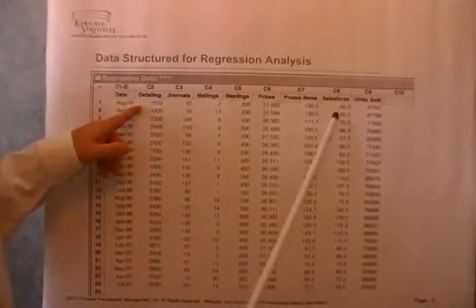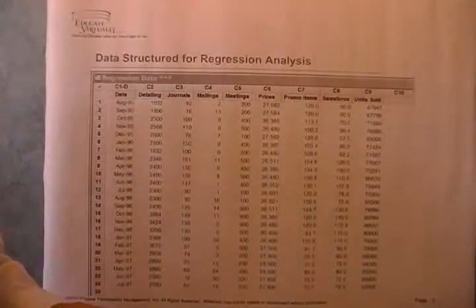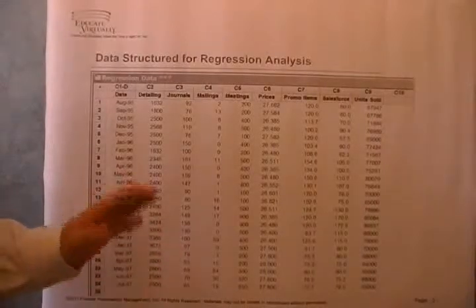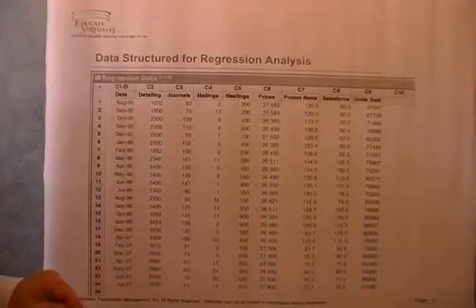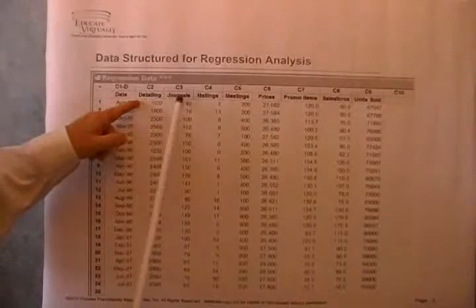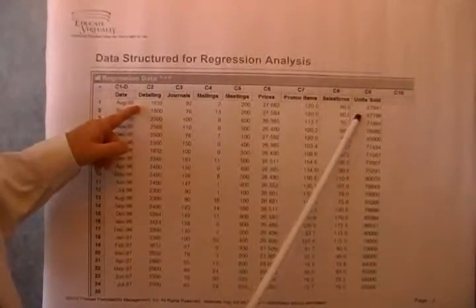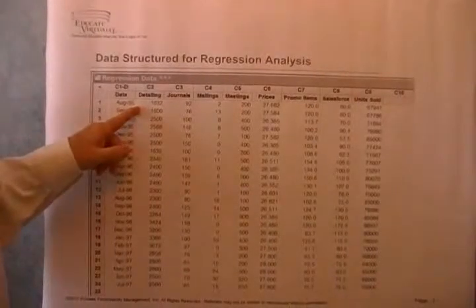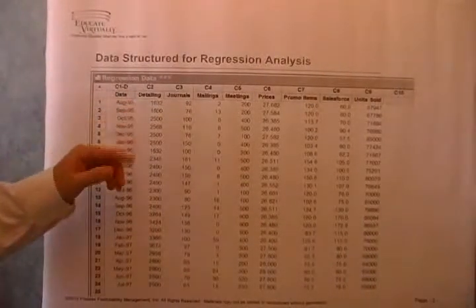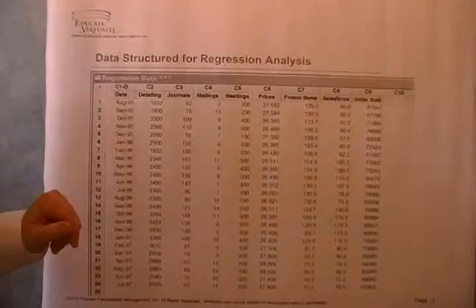These are all activities that are followed by our sales force when they're promoting these pharmaceutical sales. So we want to find out which of these variables has an influence on either driving up the units sold or driving it down or having no influence whatsoever.